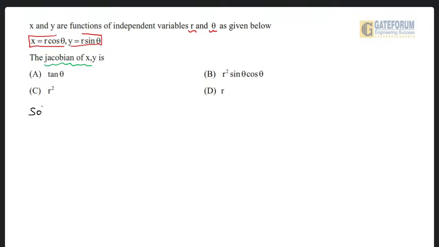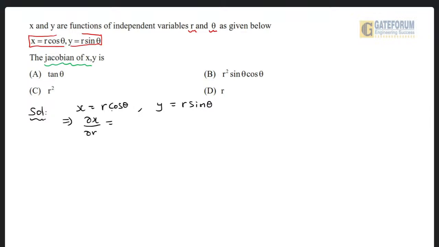so this is the relationship between Cartesian coordinates x comma y and polar coordinates r comma theta. So x is equal to r cos theta, y is equal to r sin theta. Immediately find the four partial derivatives, dou x by dou r, dou x by dou theta, dou y by dou r, dou y by dou theta.